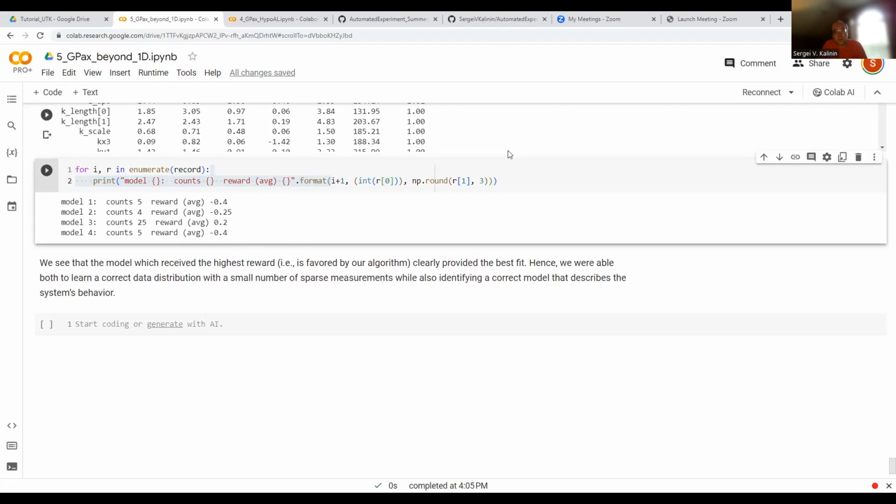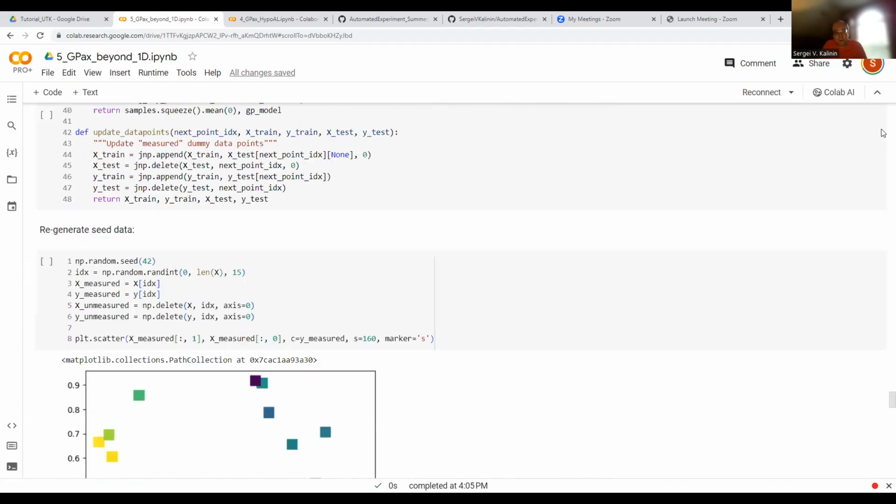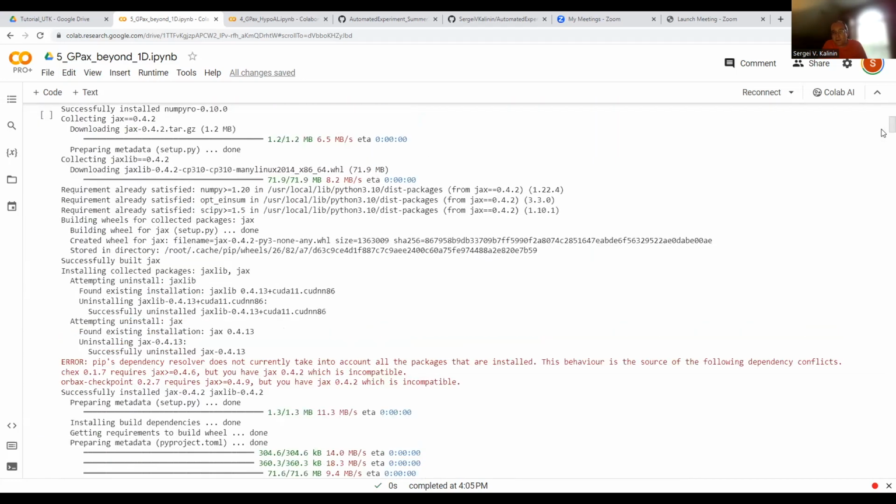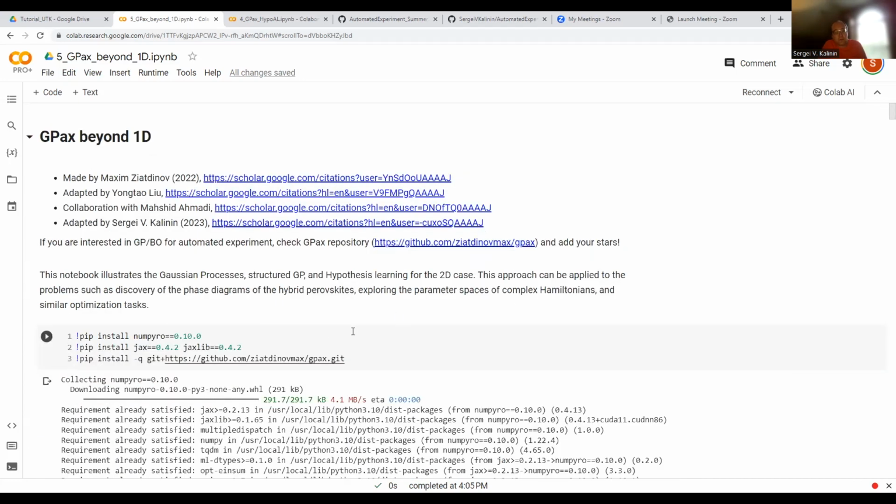Of course, for high-dimensional space, there are more technical problems, so we need to define the high dimensionality functions, we need to check them and so on. But basically, again, the efficiency of the structured hypothesis learning would be much higher than the efficiency of the regular one. So again, you're welcome to play with this notebook as well.